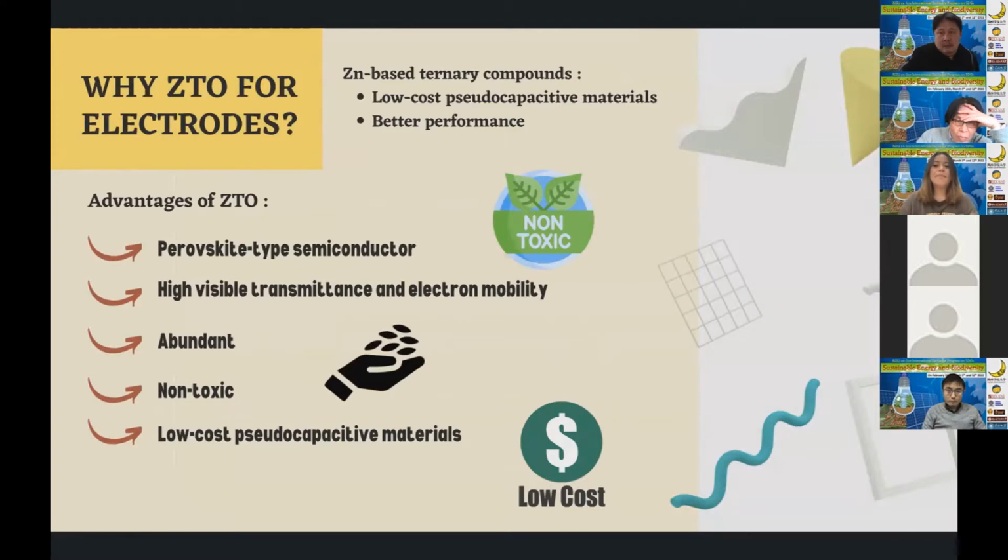Secondly, it can provide better performance compared to single-component metal oxide. Among all the other zinc-based ternary compounds, ZTO has its own advantage, which is being a perovskite-type semiconductor that has attractive physical and chemical characteristics. It also has high visible transmittance, electron mobility, and abundant sources on Earth. And the last thing is, of course, it's a cheap material.